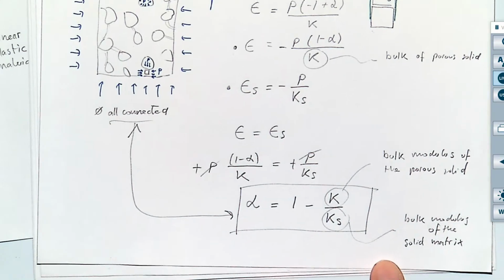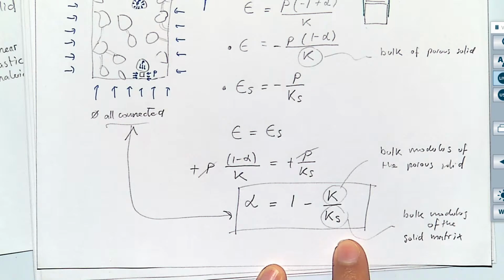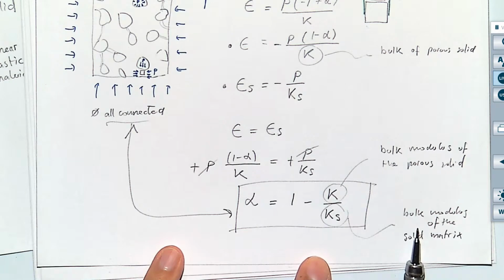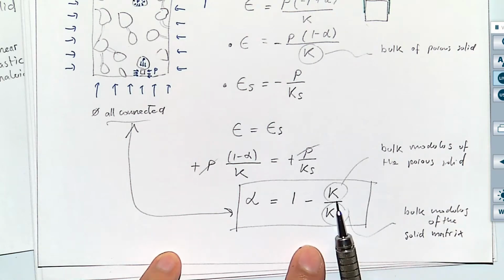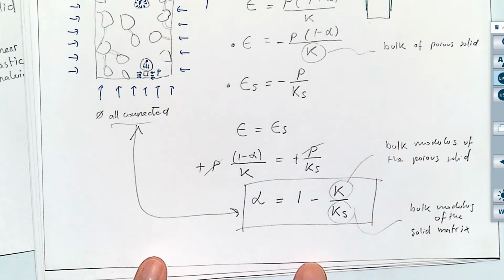But here, we mean that, but also when we have a heterogeneous solid, talking about bulk means putting all the heterogeneities together. So in this case, with bulk, I'm referring to the part of volumetric strain. So K and Ks: K is the stiffness of the entire porous solid, and Ks is the stiffness of the solid matrix.